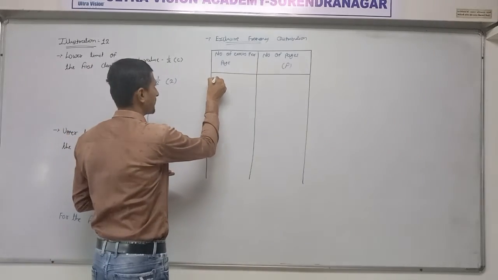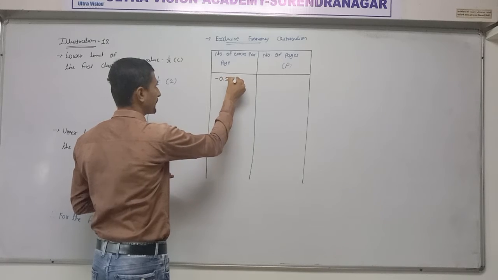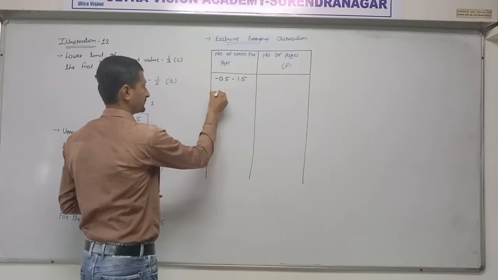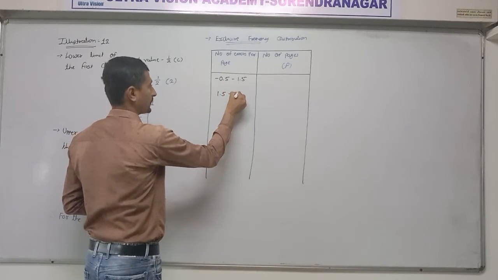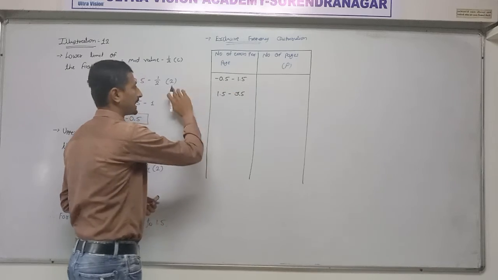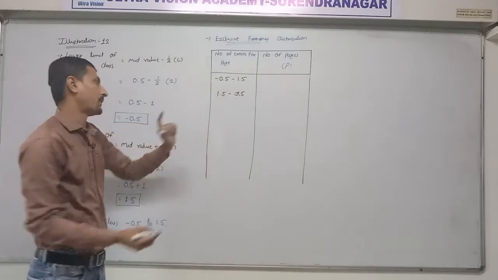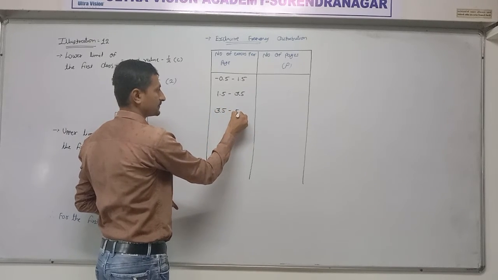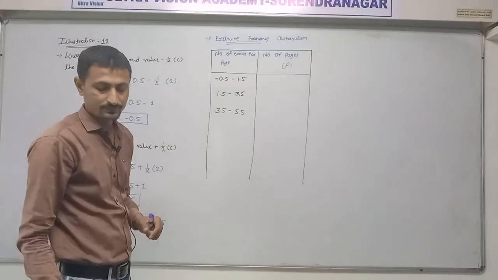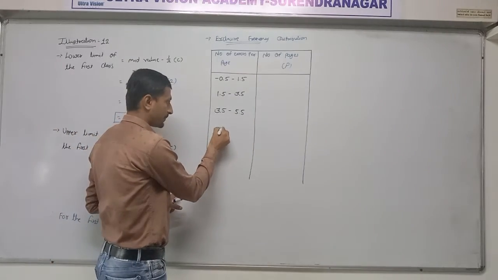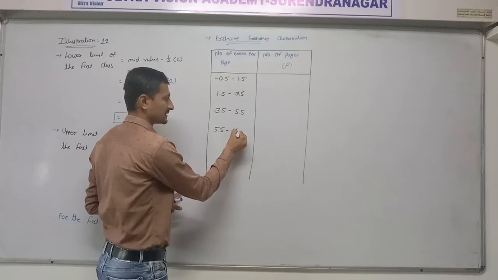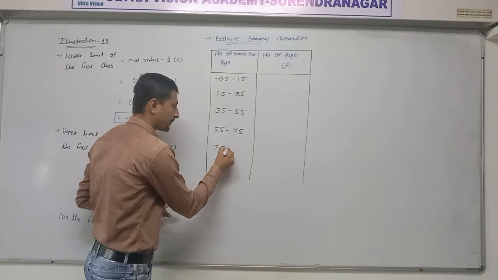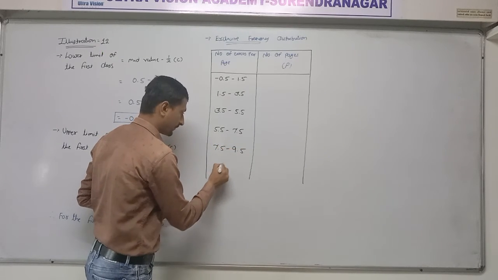Our first class is minus 0.5 to 1.5. Next 1.5 to 3.5, since 1.5 plus 2 is 3.5. Then 3.5 plus 2 is 5.5, 5.5 plus 2 is 7.5, and 7.5 plus 2 is 9.5 for the last class.